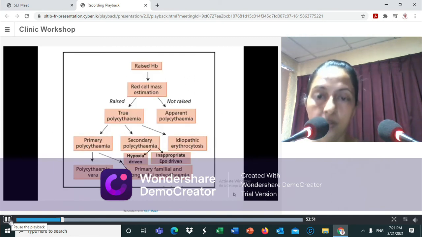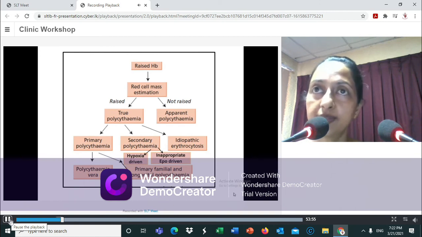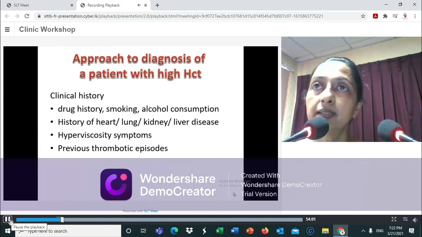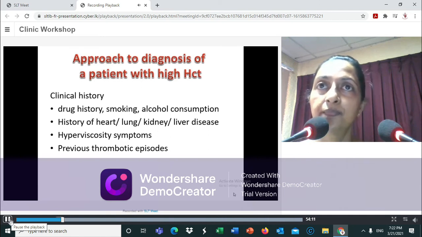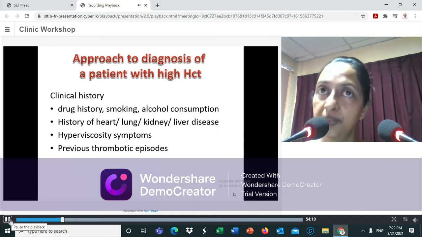Now we have gone through briefly all the possible causes for polycythemia. Then we will see what should be our approach to the diagnosis of a patient with high hematocrit. Having known the causes, I hope I didn't confuse you all, now it will be easier to have a better approach to assess a patient with high hematocrit.